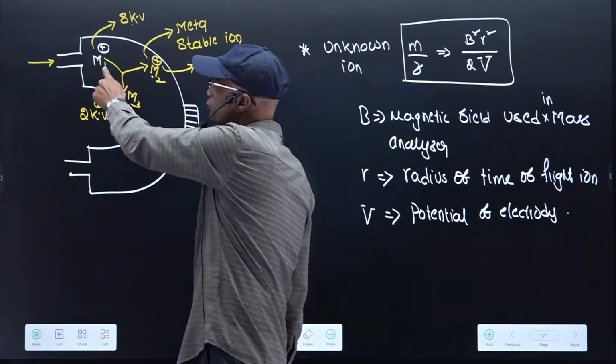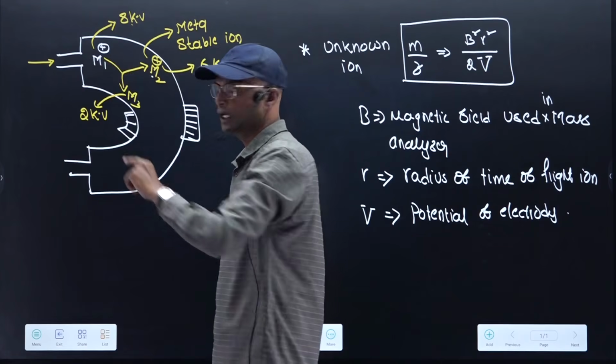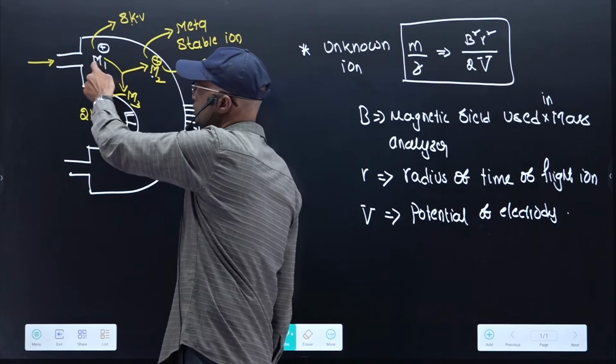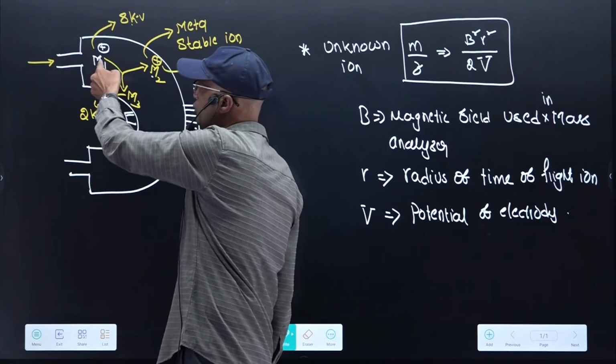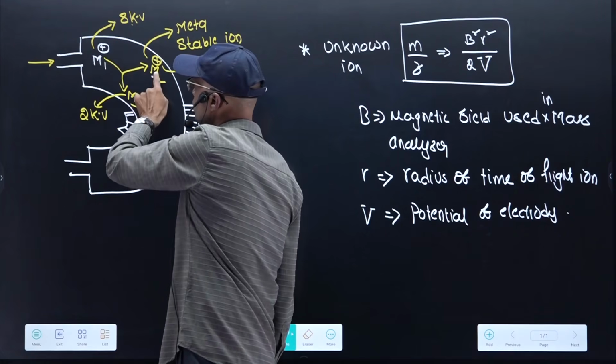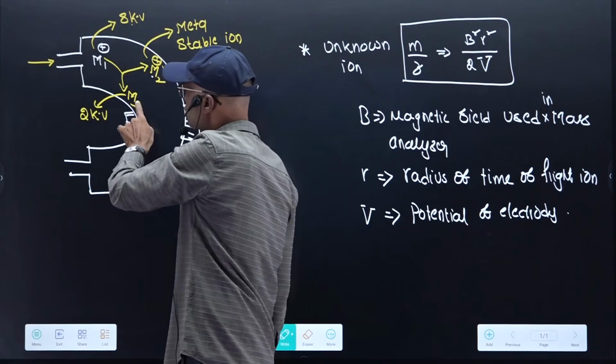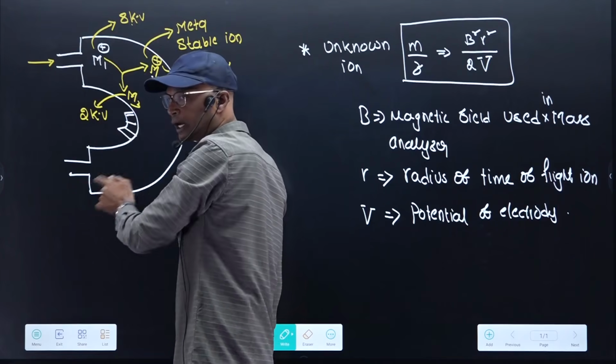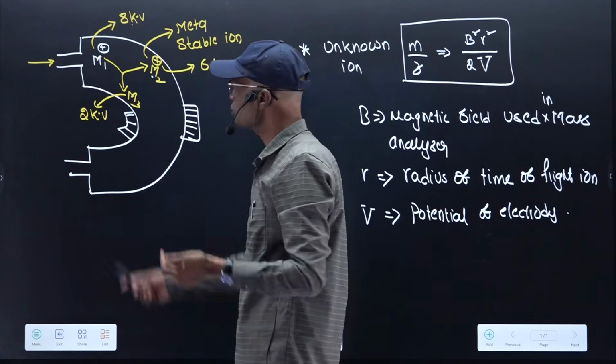Suppose it does not undergo fragmentation, then the speed is very high. If it undergoes fragmentation, this will disappear and give one positive ion and one neutral. Can a neutral be identified in mass spectrometry? No, we can ignore this one.